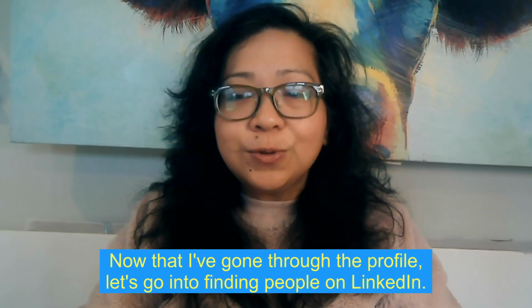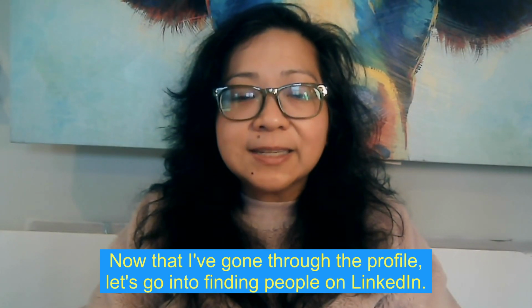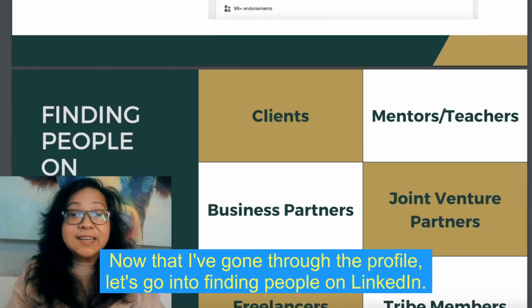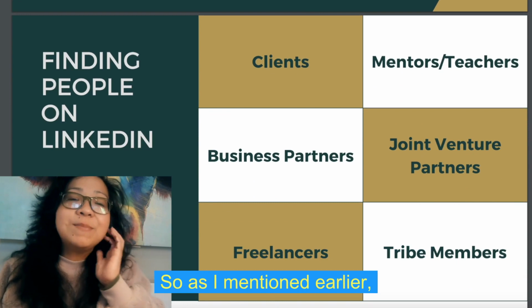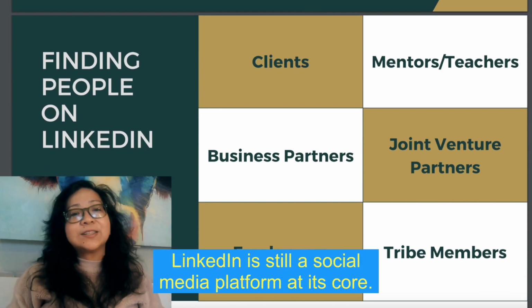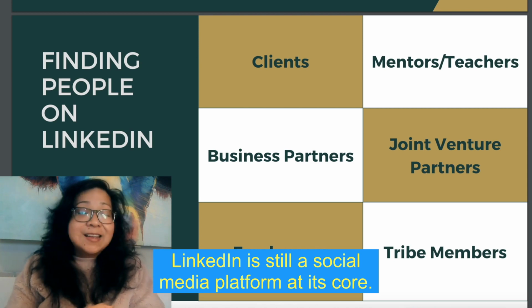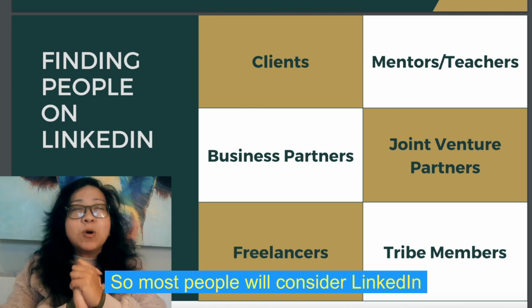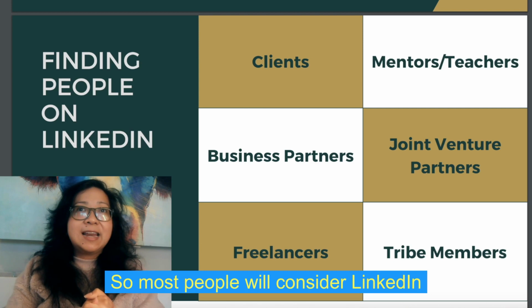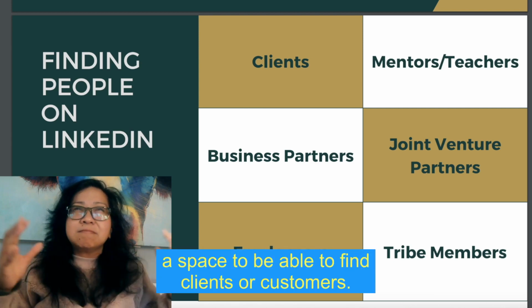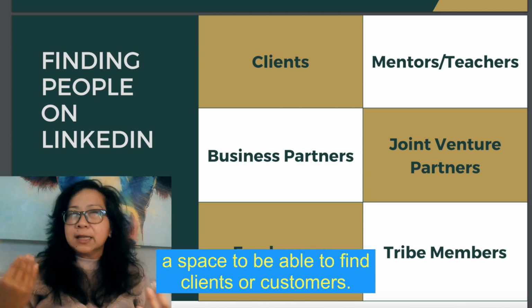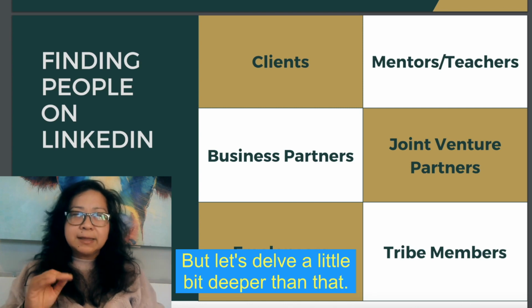Now that I've gone through the profile, let's go into finding people on LinkedIn. So as I mentioned earlier, LinkedIn is still a social media platform at its core. So most people will consider LinkedIn a space to be able to find clients or customers. But let's delve a little bit deeper than that.